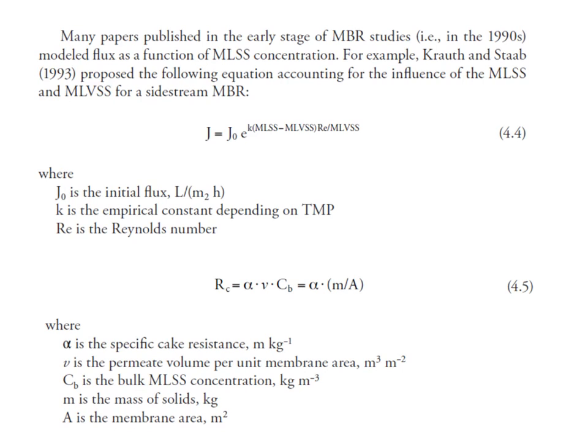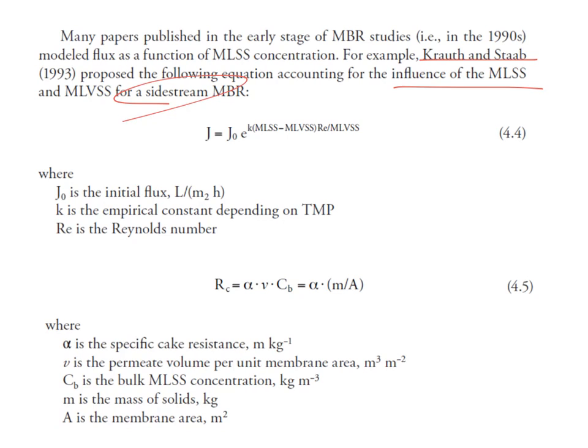There are some useful equations that you have to know. For example, these two authors derived some equations to explain the influence of MLSS on MBR performance. Of course, this equation was developed in a side stream MBR, so it cannot be directly applied to a submerged MBR system.